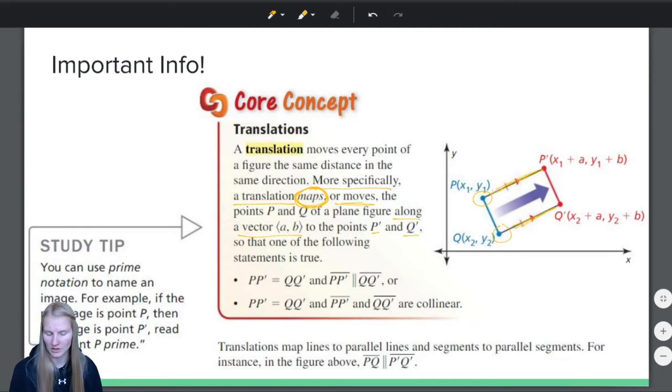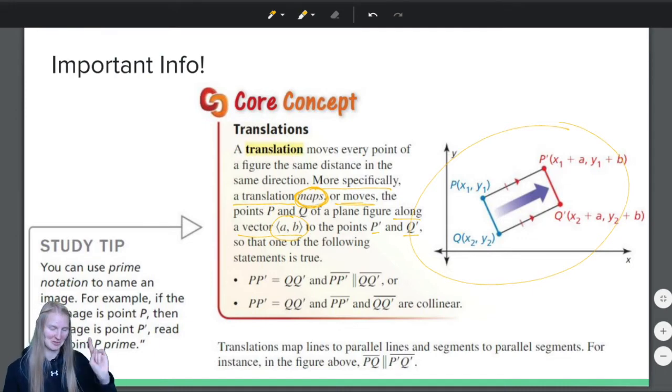Now a vector is just a line that points in a specific direction. That's all a vector is. We write vectors in this way. You'll see more about that in our first example. But they are moved in the same direction, the exact same amount. So this is a detailed picture of what a translation looks like.